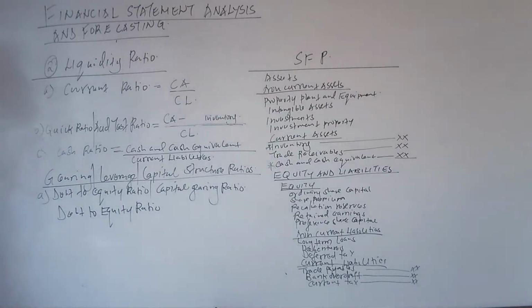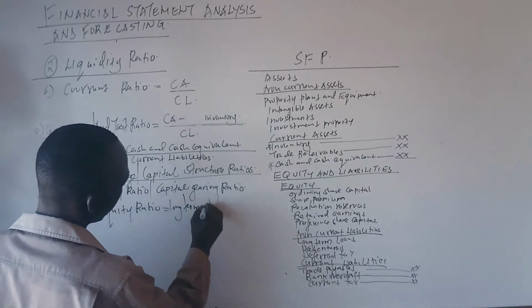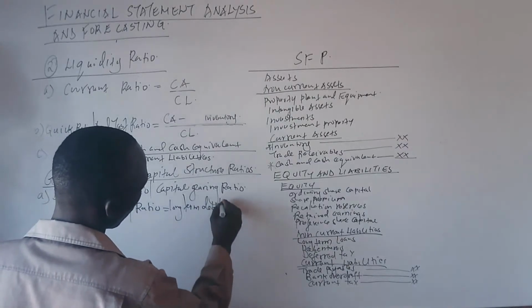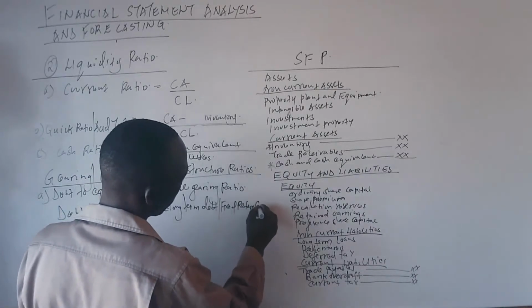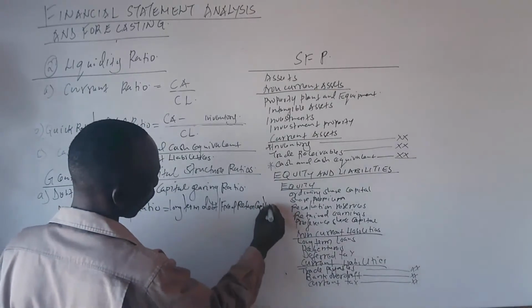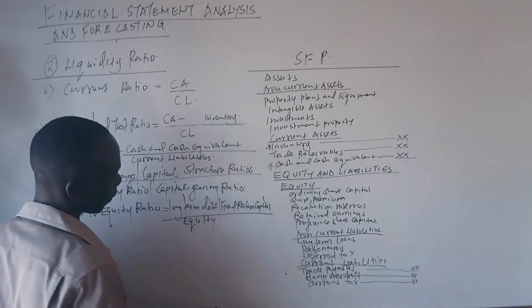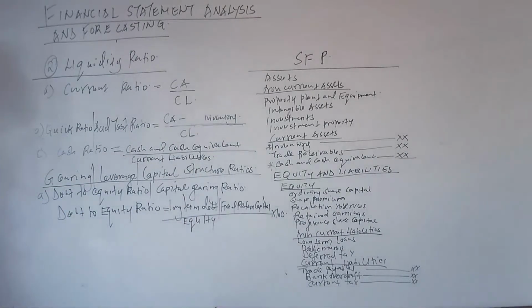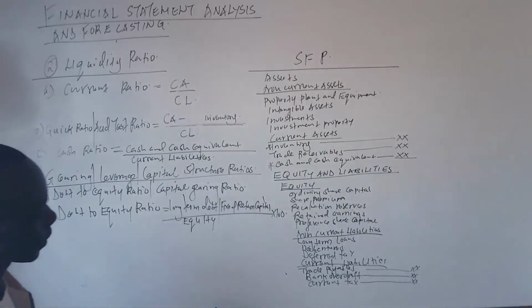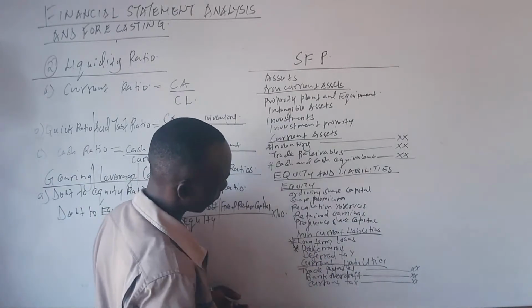You will take what we call the long-term debt, sometimes called the fixed return capital, then you divide by the equity, then you multiply by 100.